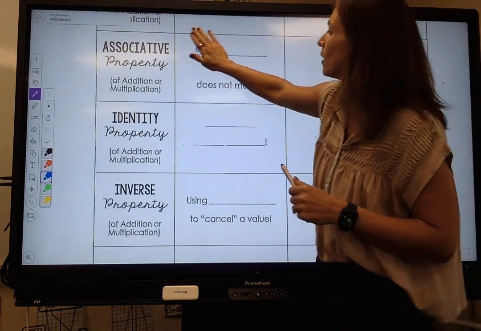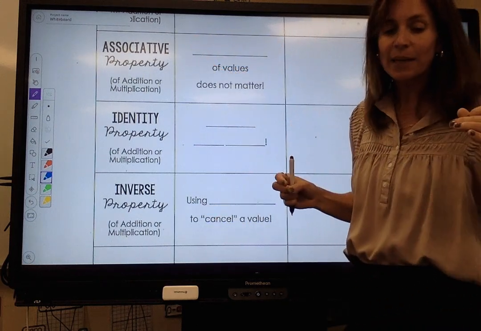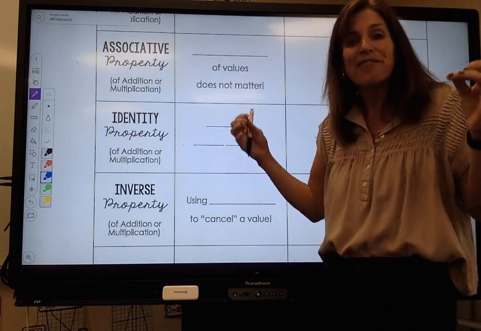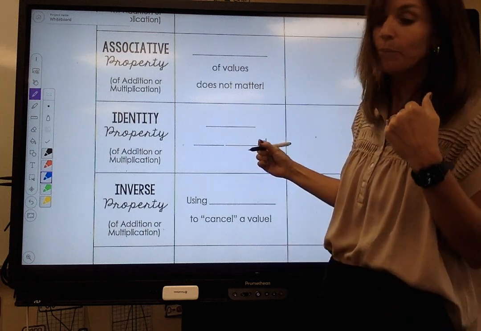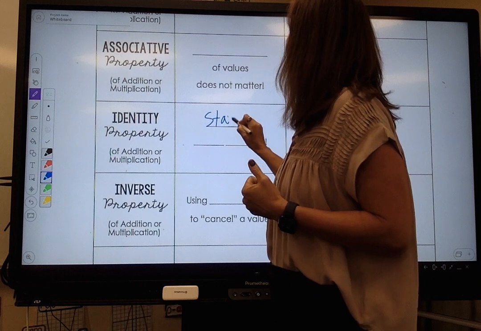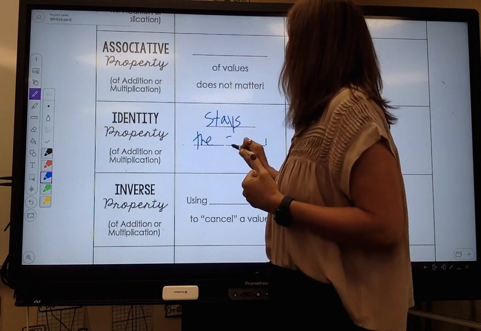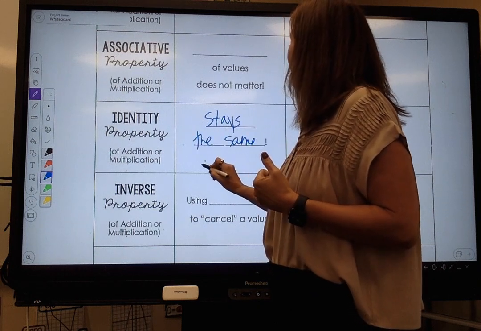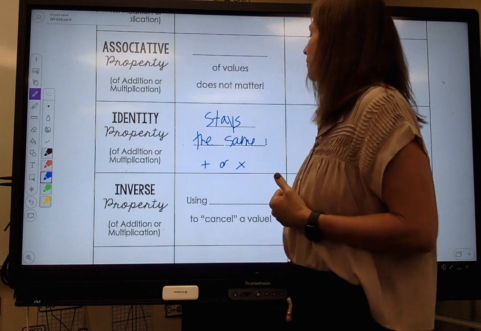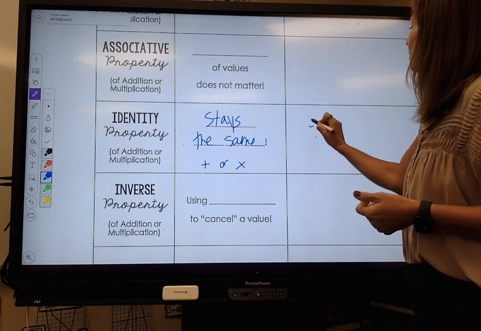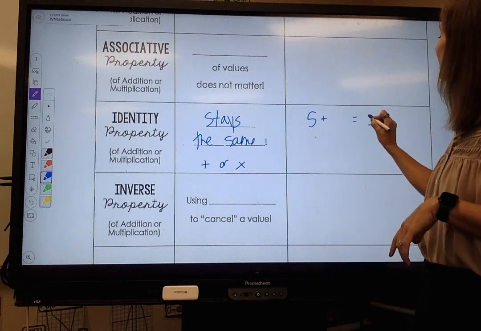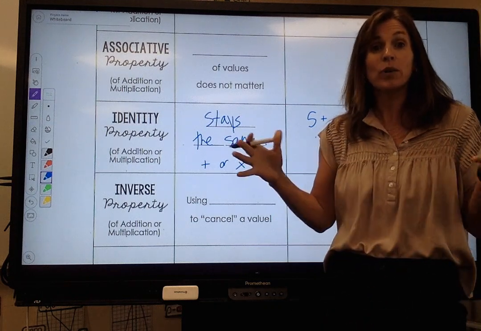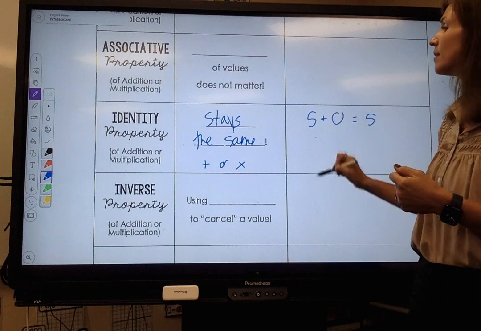All right, but equality is your key. The identity property just means the value stays the same. It doesn't change. So your identity property stays the same, whether you're adding or multiplying. So, what would I have to add to 5 to get it to equal 5? 5 plus what equals 5? 0.